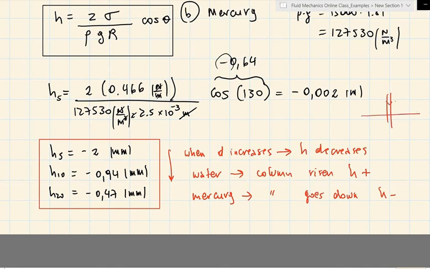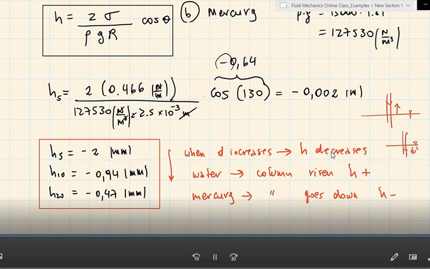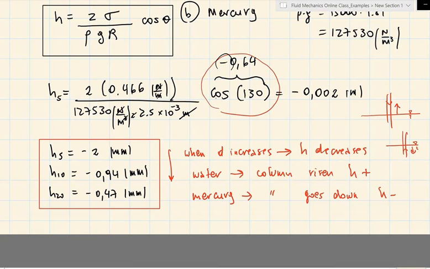So water goes up, while mercury goes down from the surface. And this is due to the negative value of the cosine of 130.